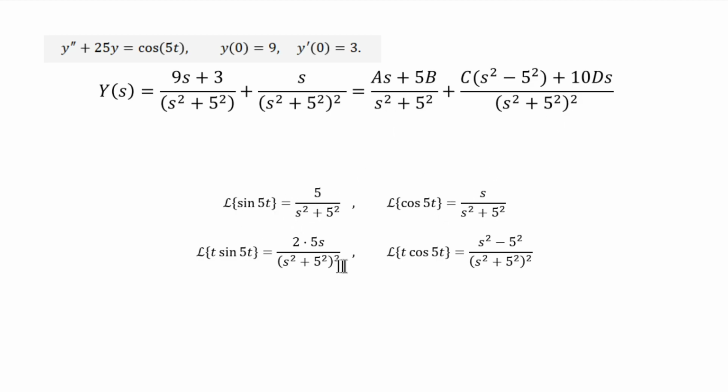And then when you go to the squared part, we need the s squared minus 5 squared over this, which gives you t cosine 5t, whereas the 2 times 5s over s squared plus 5 squared, squared is this part.